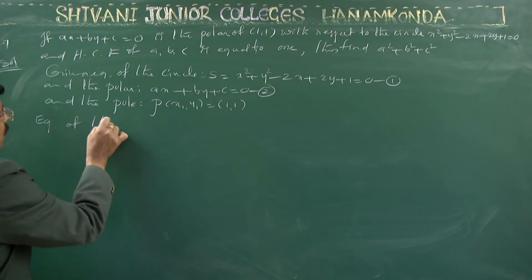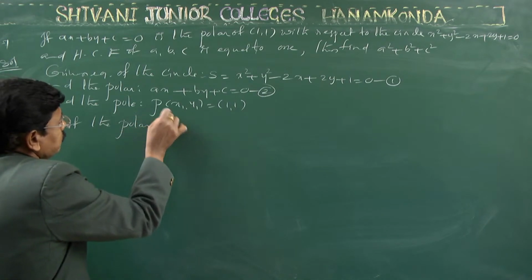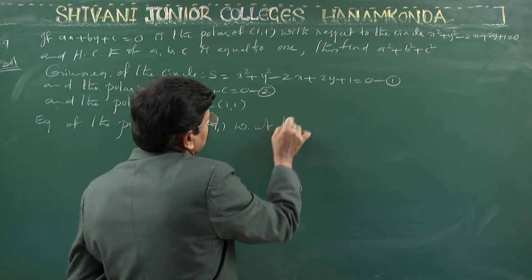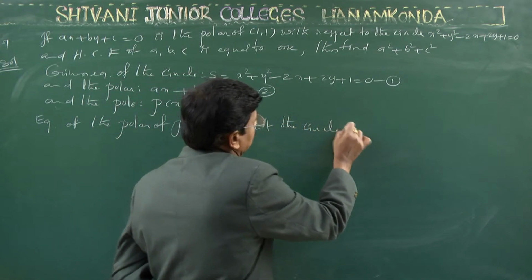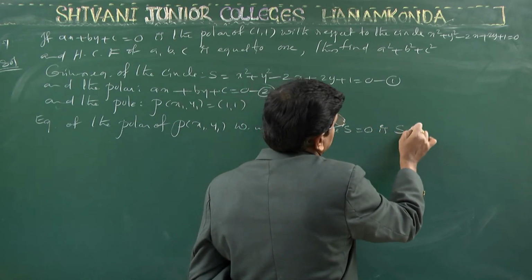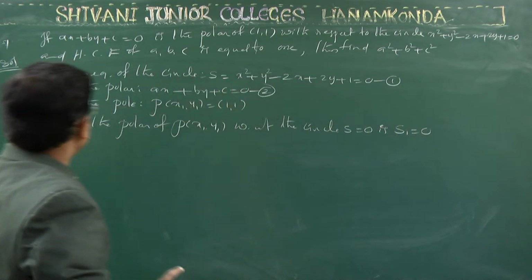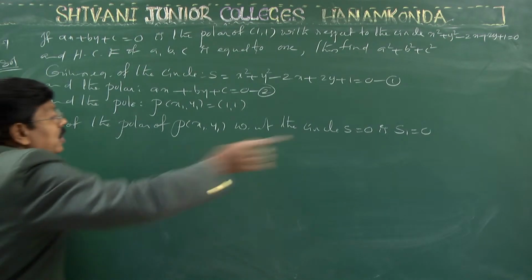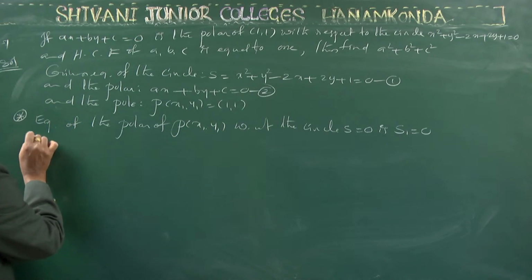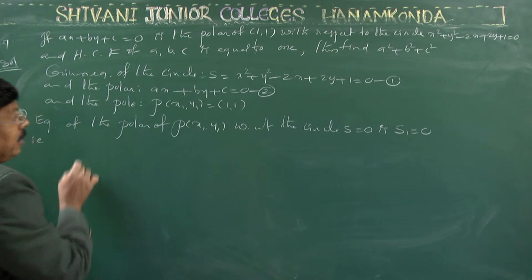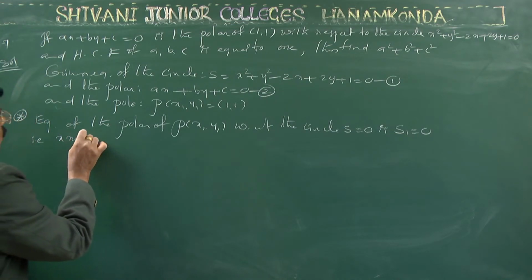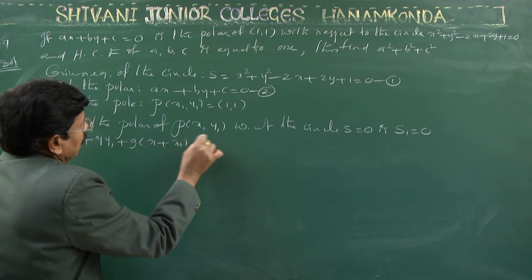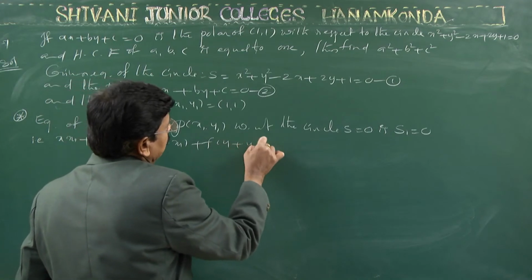So the equation of the polar of P of x1 y1 with respect to the circle S is equal to 0 is S1 equal to 0. It is one of the formulas according to the theorem. What about the result of S1? You know very well: xx1 plus yy1 plus g of x plus x1, f of y plus y1, plus c.